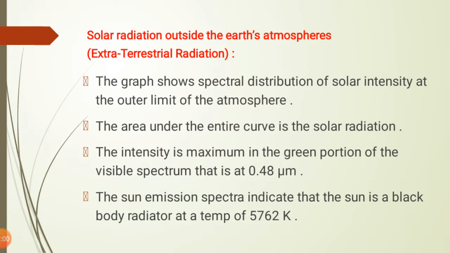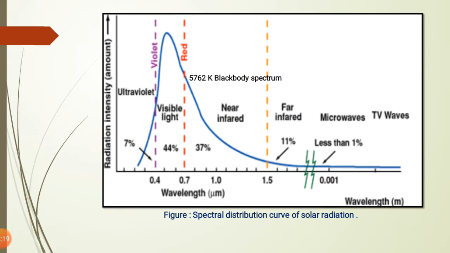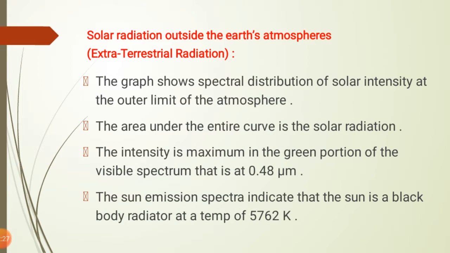So this graph shows the solar intensity at the outer limit of the atmosphere, that means outside the earth's surface, coming from the sun. The graph shows a maximum in the visible region, in between violet and red.